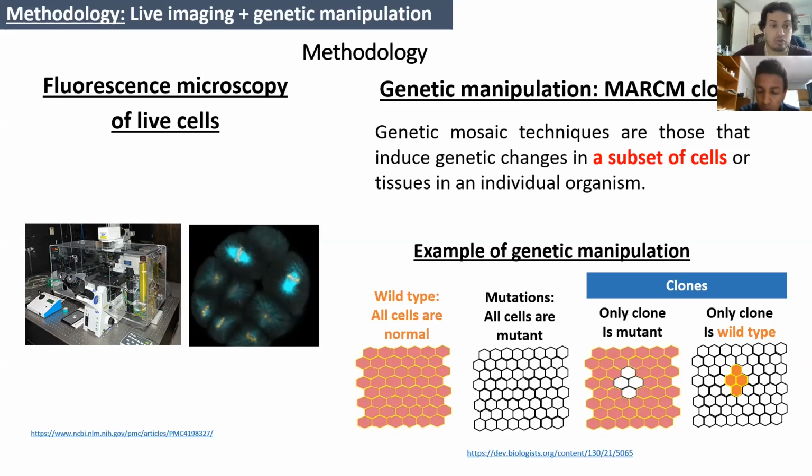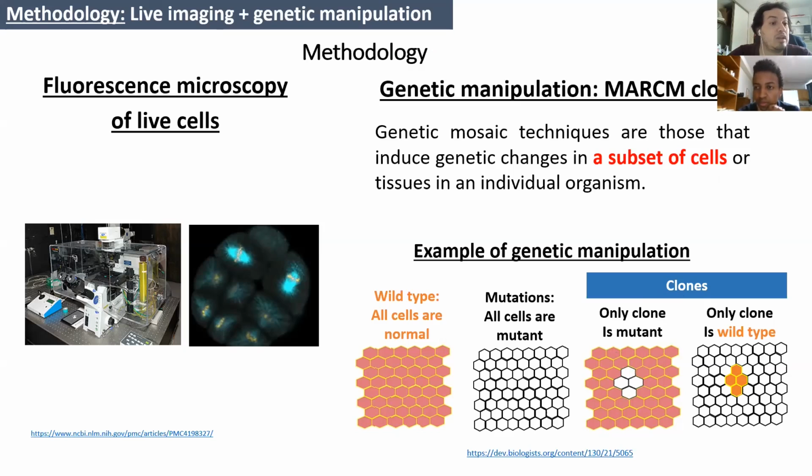So what we do is we create clones, and a clone is just a subset of cells. For example, we can create a clone that has only these ones that are mutants, or we can create one where only these ones are wild type. Pieces of the tissue that will be different.